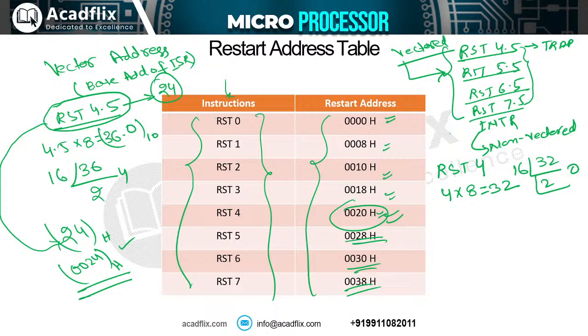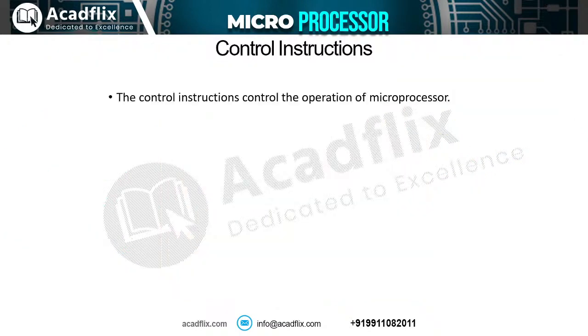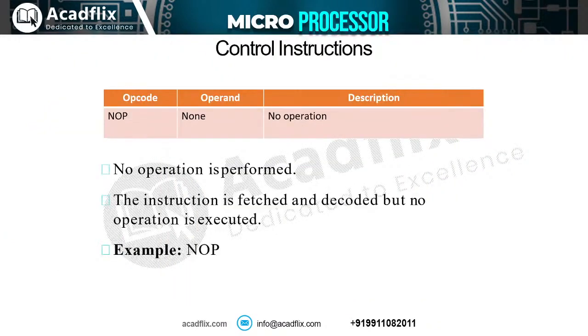But in case of a non-vectored interrupt, like INTR, which is the only non-vectored interrupt in 8085, the vector address will be obtained from the input output device. That device will supply the vector address to the CPU, and then the CPU will jump to that address. We will study the interrupts in the 8085 microprocessor very soon.